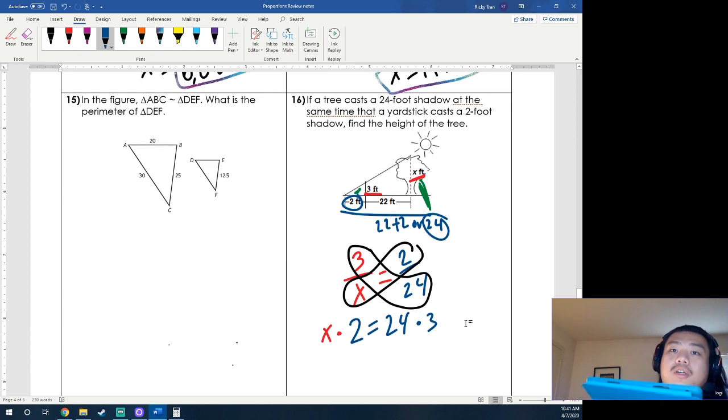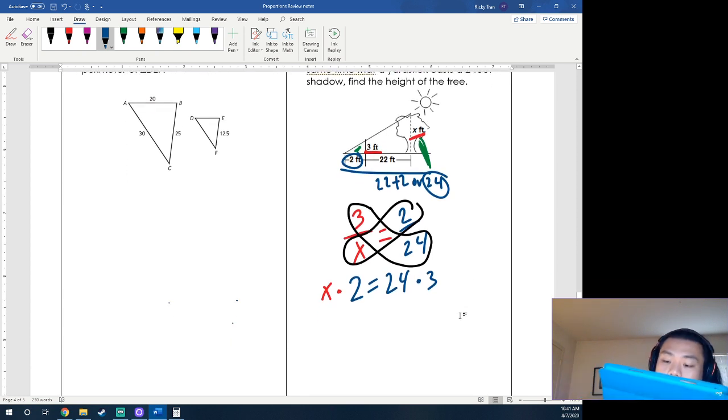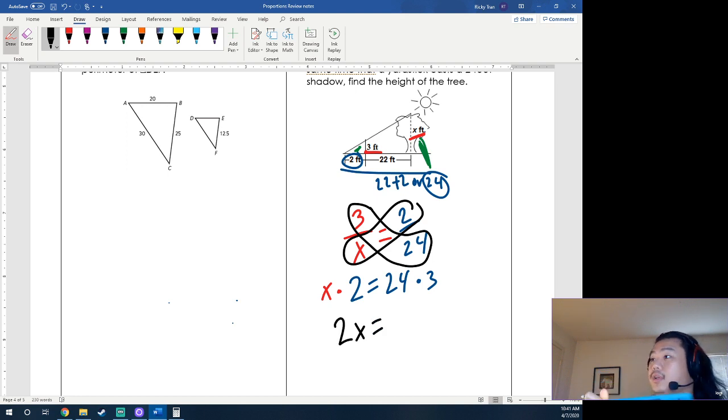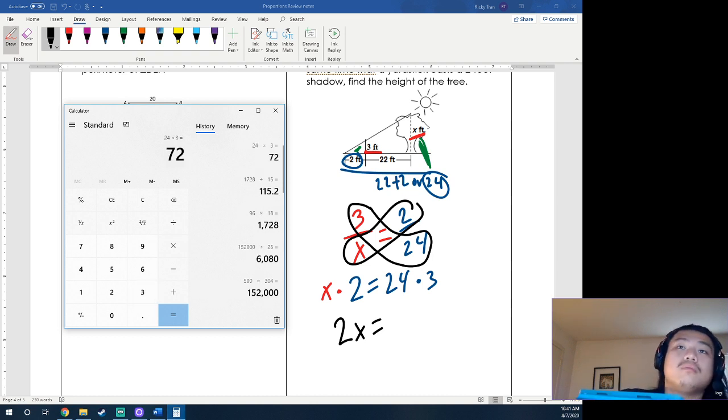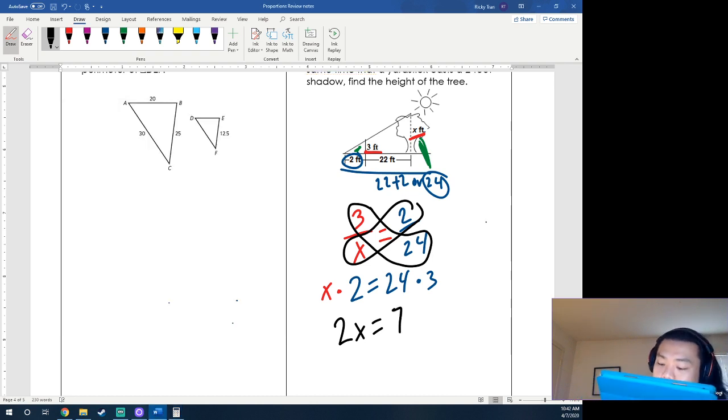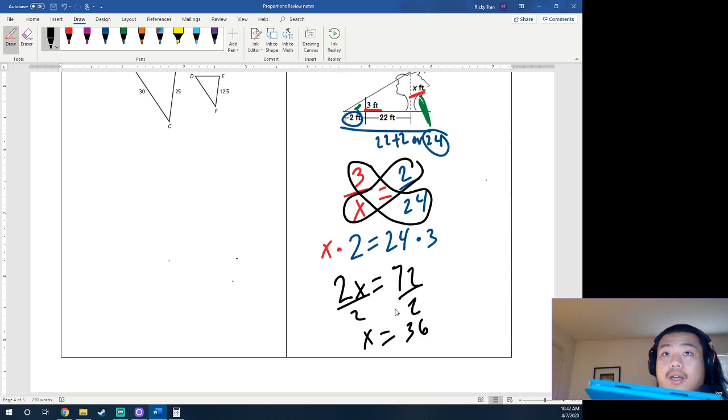So we have 2x is equal to 24 times 3, 72. 72, divide by 2, divide by 2. X is equal to 36. All right, so the height of the tree is 36 feet.